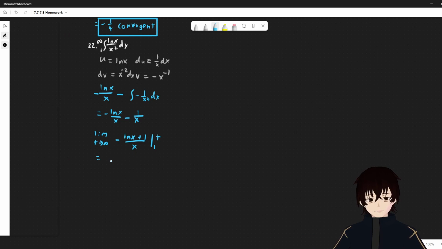Oh. I am a complete idiot. I forgot about 1 here. So that's 1 minus, plugging in 1 we get 0, 1, 0 minus negative 1. My god, convergent.